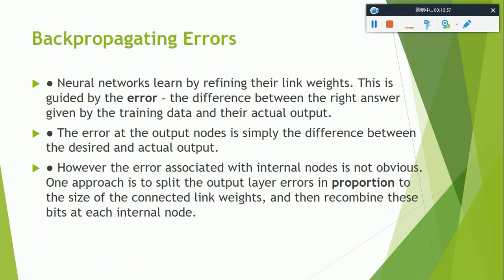In the process of back propagating errors, we have to remember that we update the weight by the error. The error is the difference between the right answer given by the training data and the neural network's actual output.